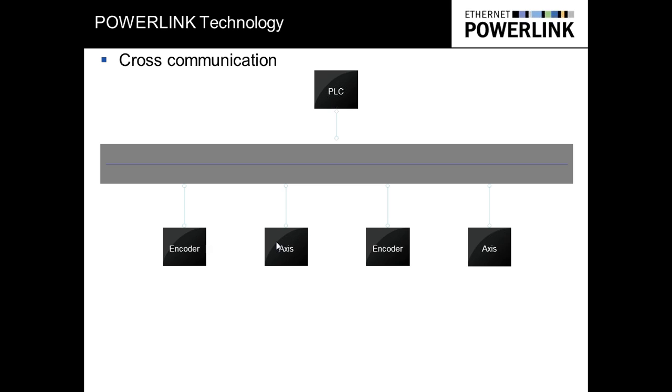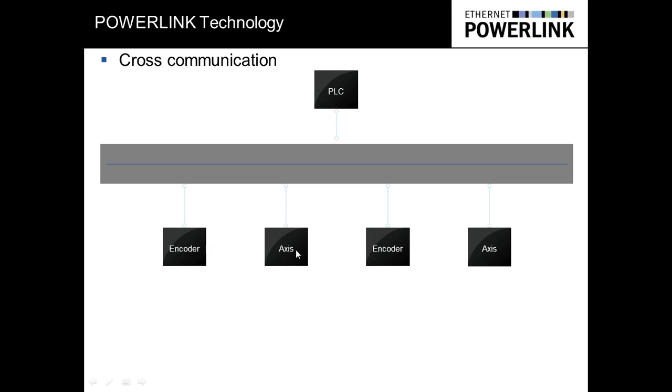So the next thing that I want to talk about is cross-communication, and that's a very, very important feature in POWERLINK. When something like an encoder puts out its value on the bus, that value is going to be seen by every other component on the network. Now, if it's another encoder that doesn't care, it doesn't necessarily listen.